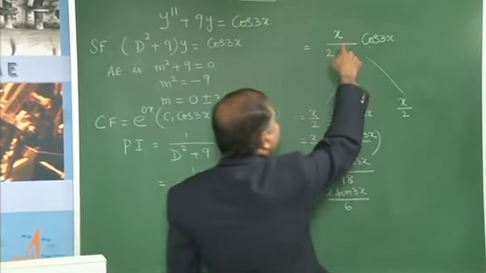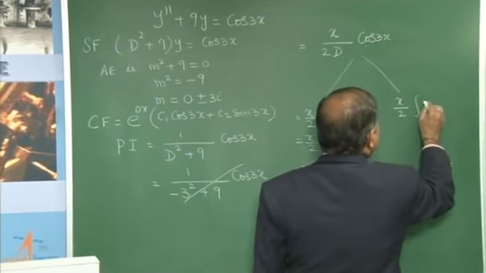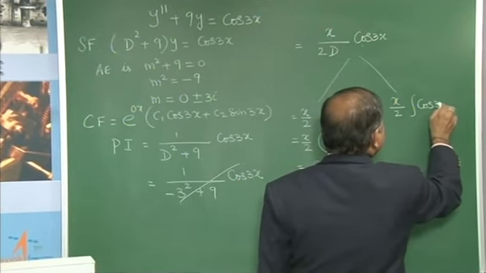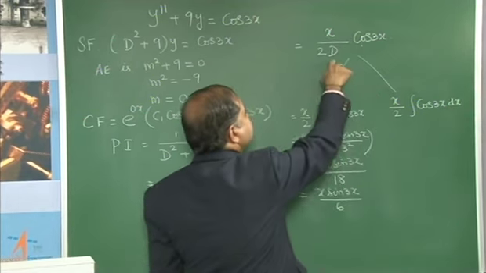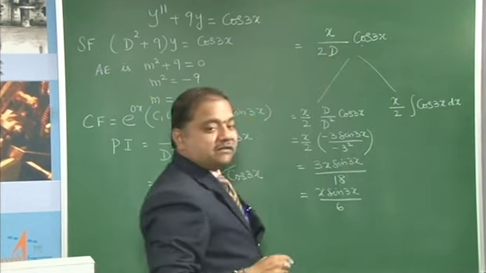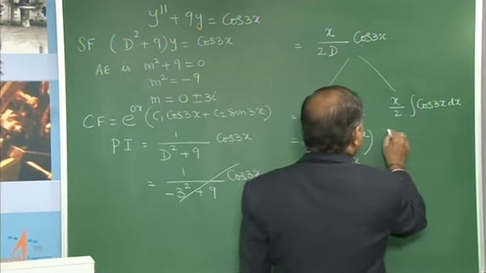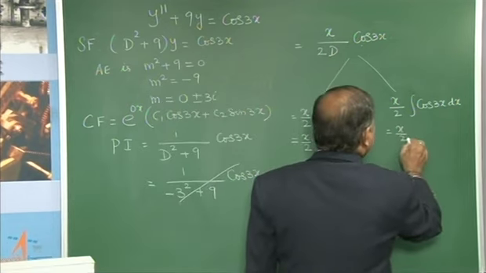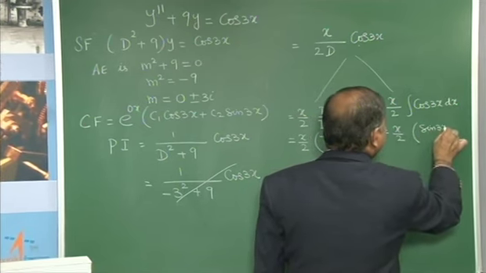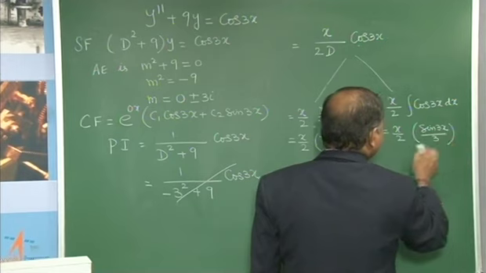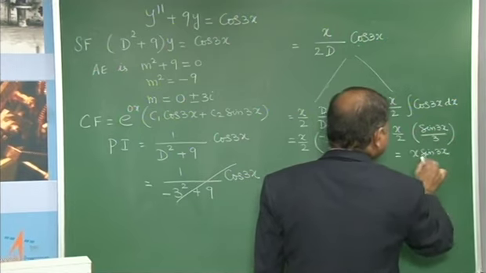So 1 by d, integral of cos 3x dx. D is differentiation, 1 by d is integration, that is all. So this is equal to x by 2, the integration of cos 3x is sin 3x by 3. So I will get x sin 3x by 6.